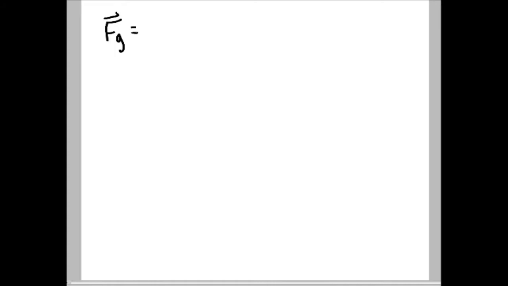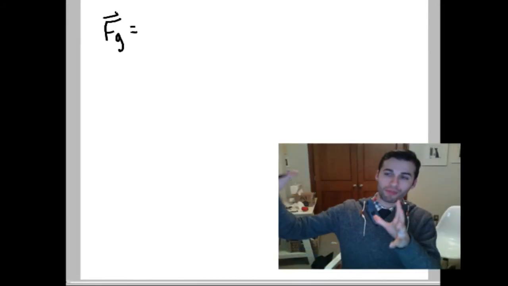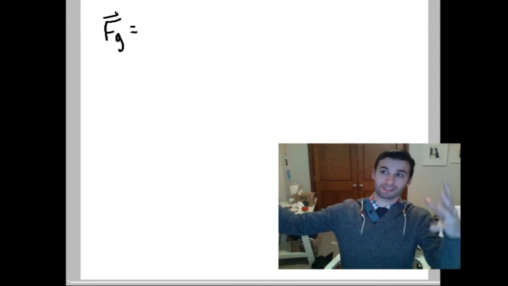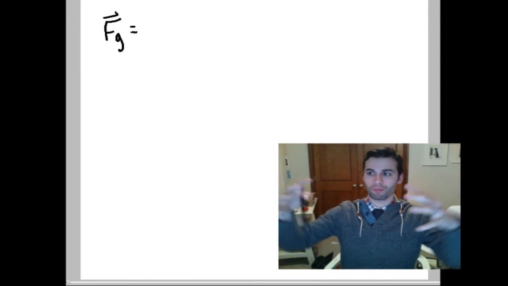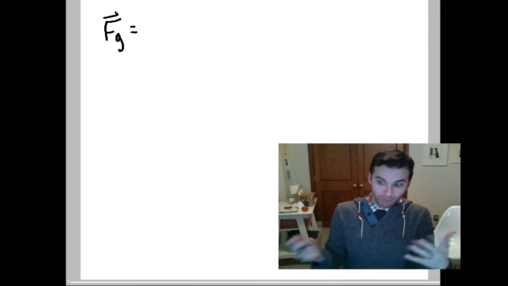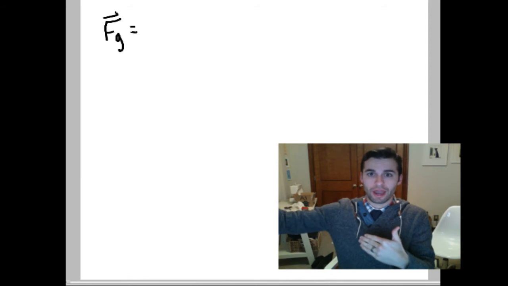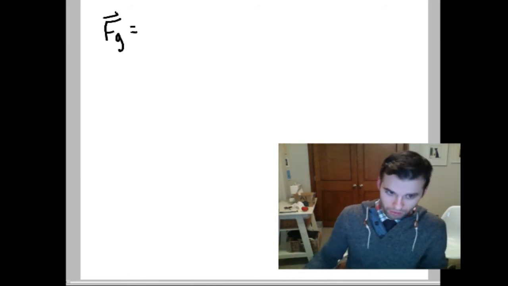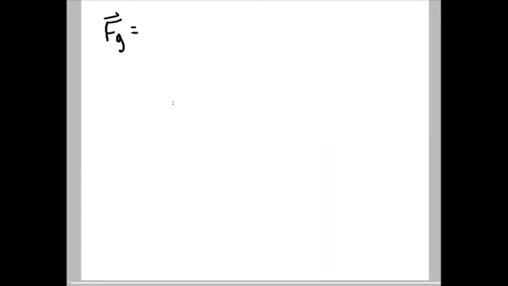But whenever you get further out from that planet, g is no longer g anymore. g is lowered as you keep going out, because the force due to gravity is now given as G m1 m2 all over r squared, where G is your universal gravitational constant.